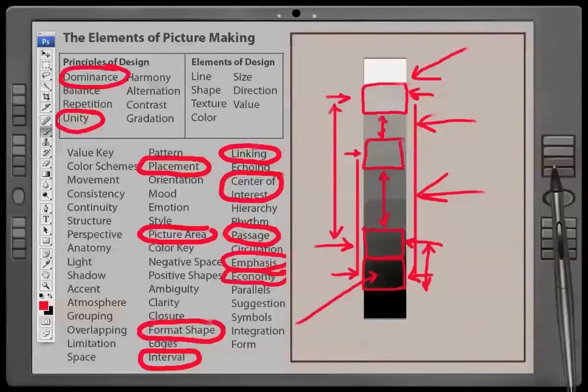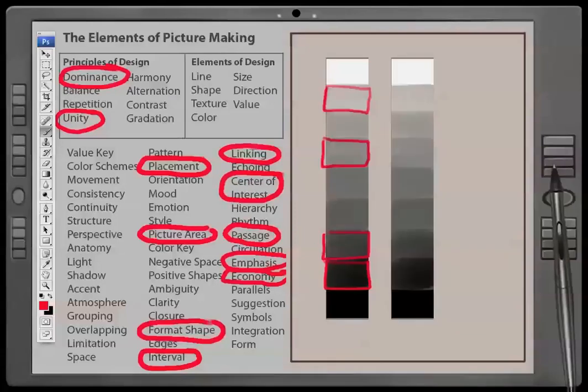So you have a combination of strong and weak value contrasts occurring within this kind of selection of values at different intervals, creating the greatest amount of variety and therefore the greatest amount of interest. Interest is achieved through variety. Now watch what happens when I select values that are at equal intervals to each other.